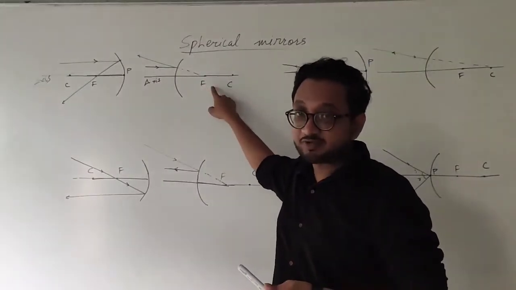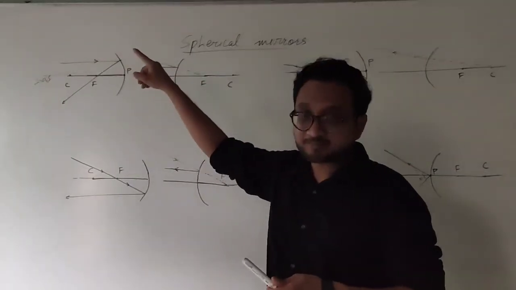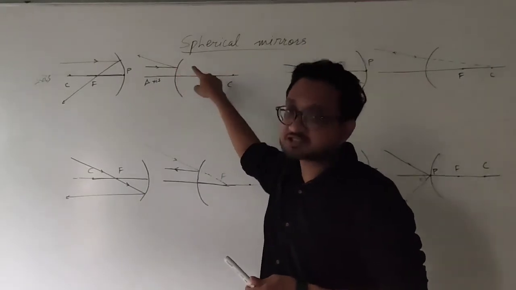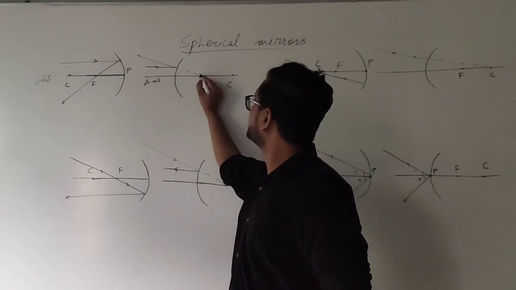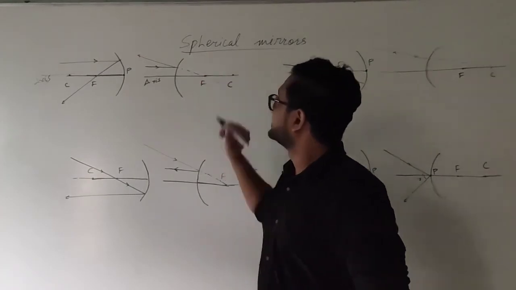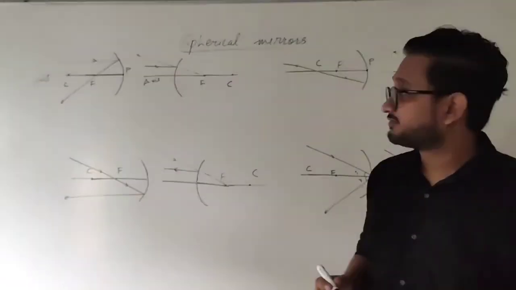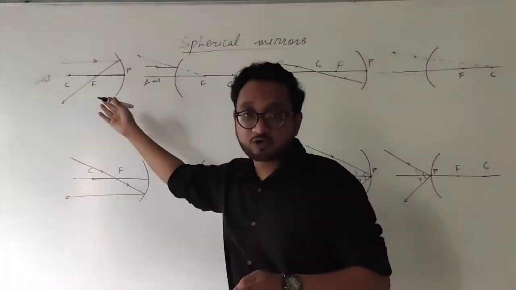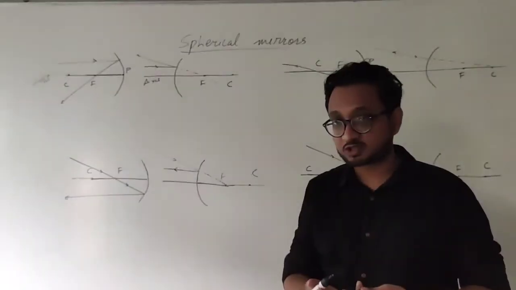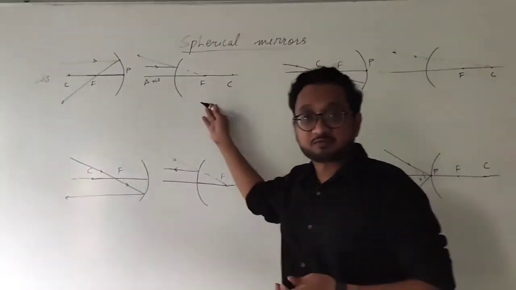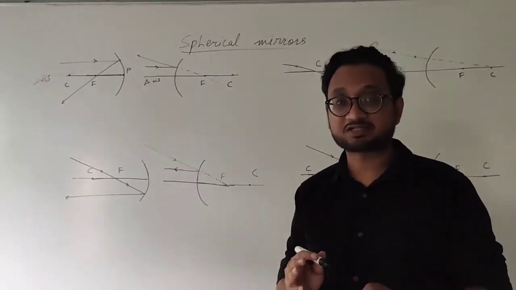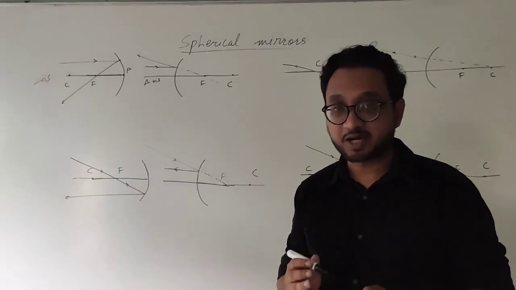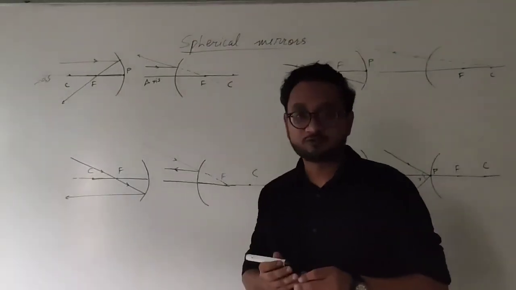Now because this is a convex mirror, it is going to diverge. But when we extend the diverged ray of light, it will pass through focus, just as you can see over here. In both the cases, whether it is actually passing through focus or it is seeming to pass through focus, the first case and second case are similar. Ultimately, if the ray of light is parallel, it will pass through focus.